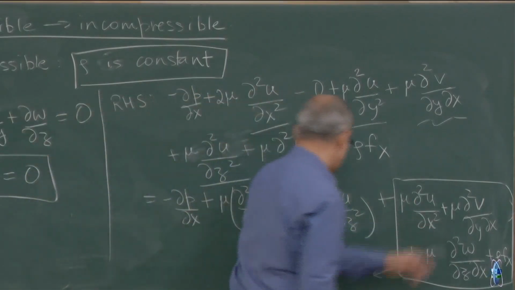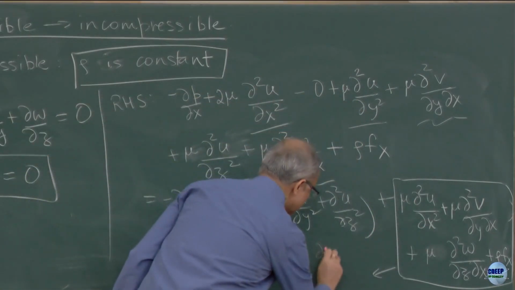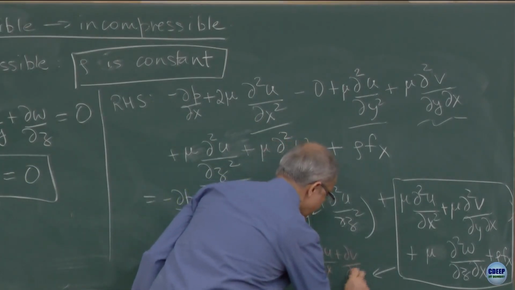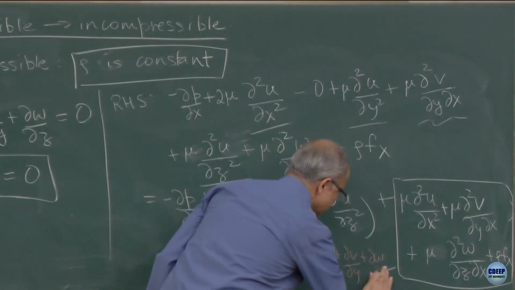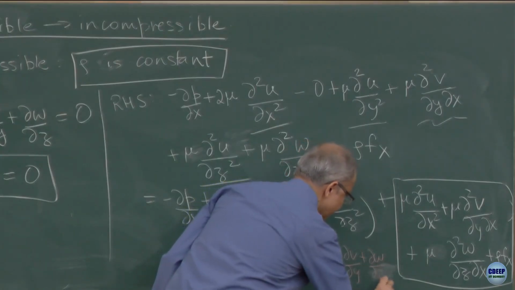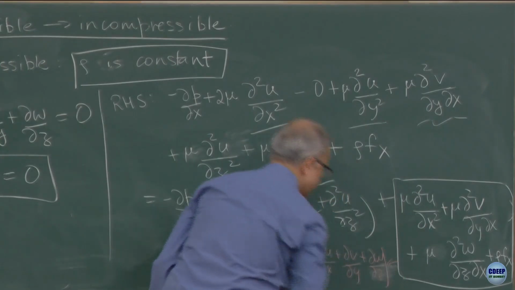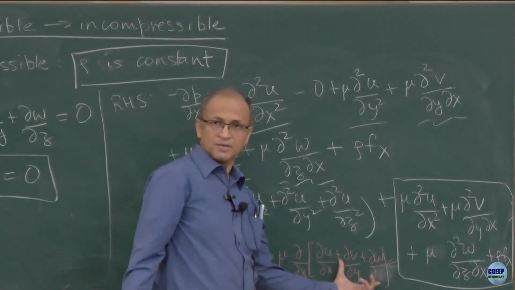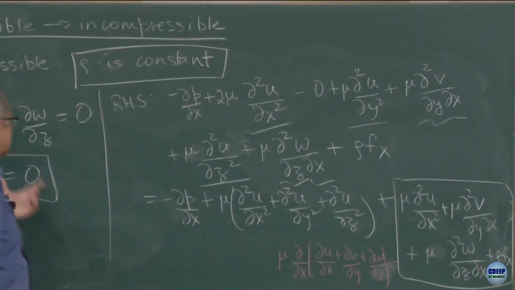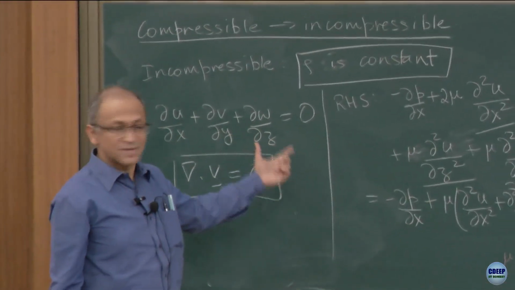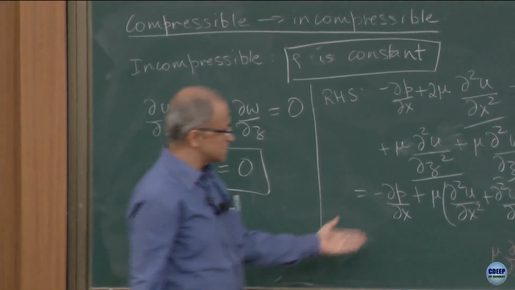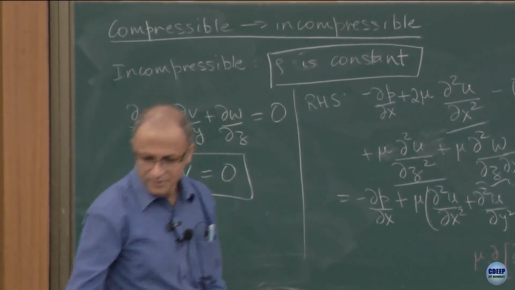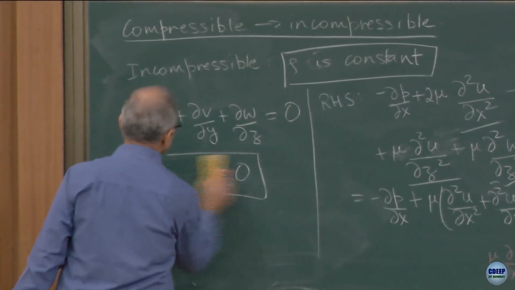So you can interchange here, and you get ∂/∂x of ∂u/∂x plus ∂v/∂y plus ∂w/∂z. You can see that this term can now be set to 0 because of the continuity condition. That's a further simplification. Therefore, if I put all these things together, I will get the following Navier-Stokes equation.